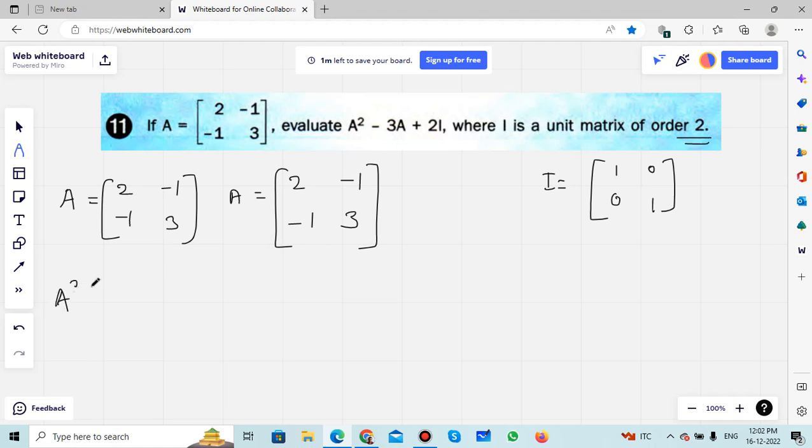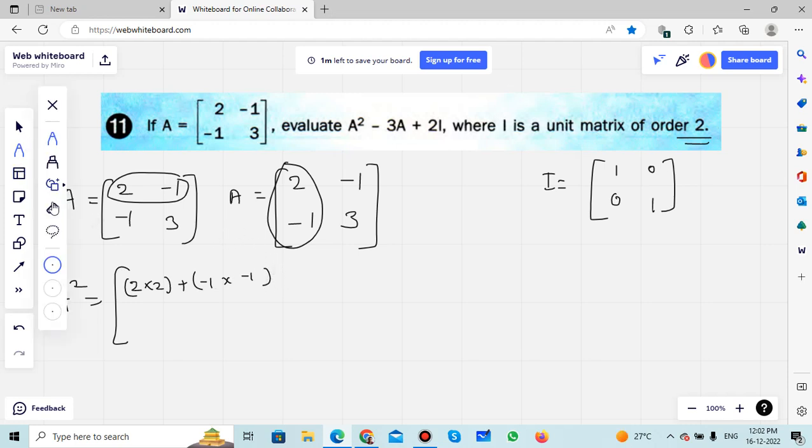So A squared is this row into this column. So it will be 2 into 2 plus minus 1 into minus 1. Then I will multiply the same row with the next column, this one. It will be 2 into minus 1 plus minus 1 into 3.